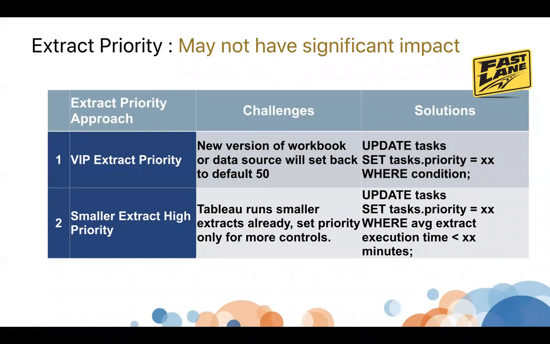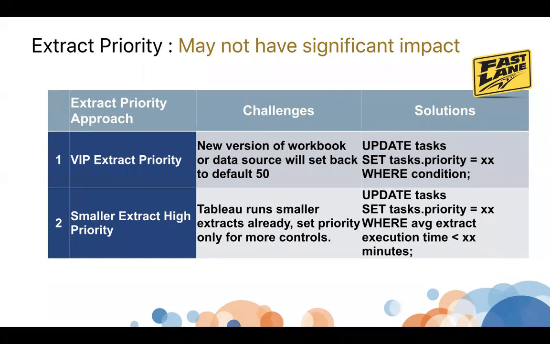Actually, the second one depends on how much you want to do. The second one may give you more leverage: smaller extracts get a higher priority. Think about it. Smaller extracts get a higher priority. Although Tableau already has a feature to make smaller ones go first, the Tableau feature has a limit.